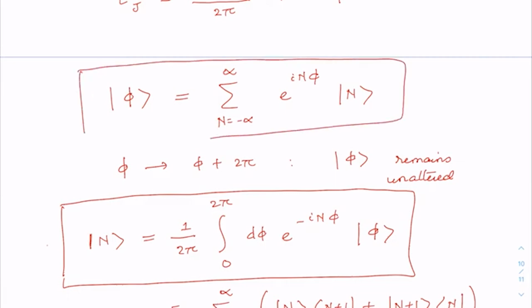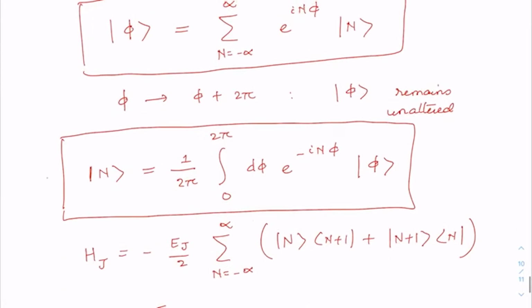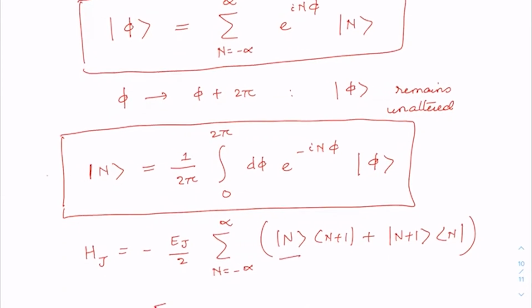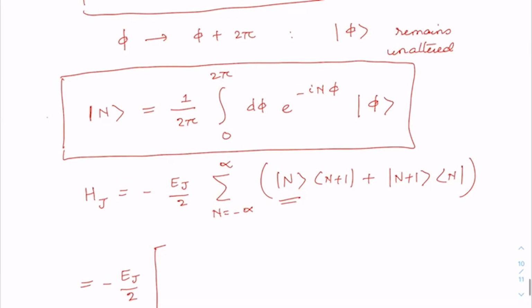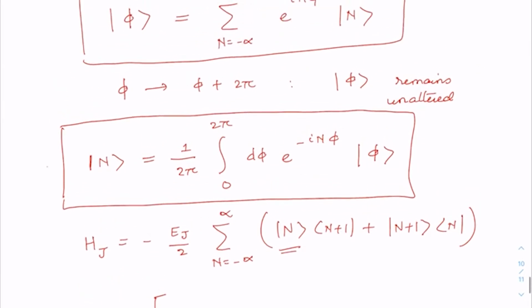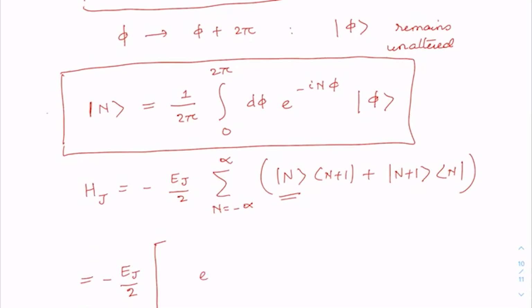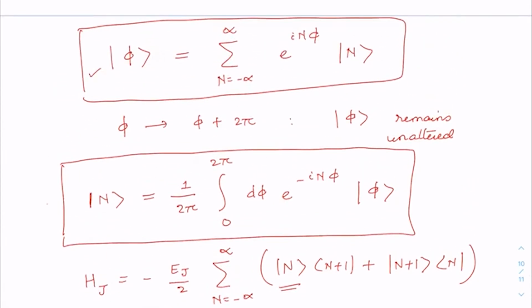Now let me utilize this definition. If you look at this definition here, I can write this term with the summation sign. I only have to multiply it by e to the power minus i n phi, because if I put e to the power i n phi and the summation sign, the summation of this with this one is already, as we said, ket phi.